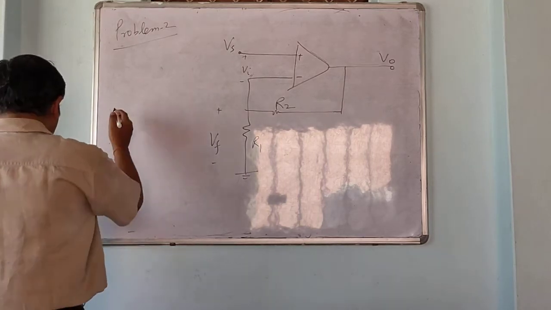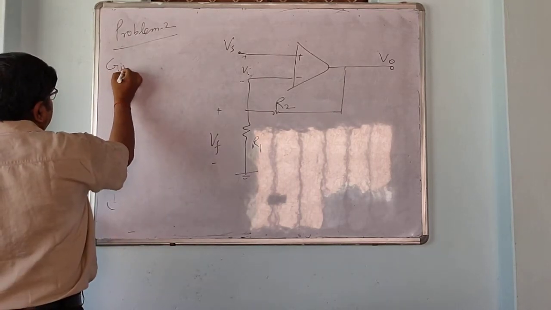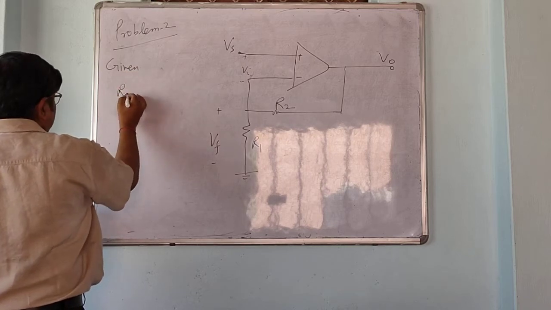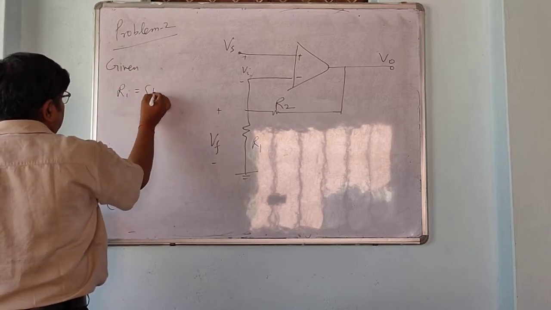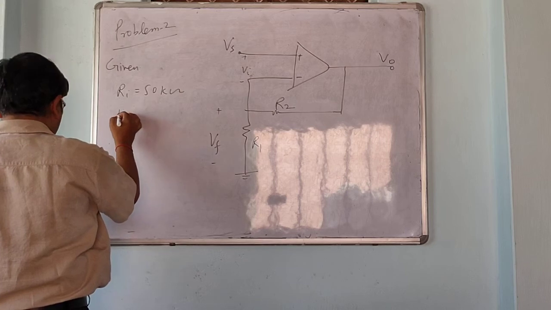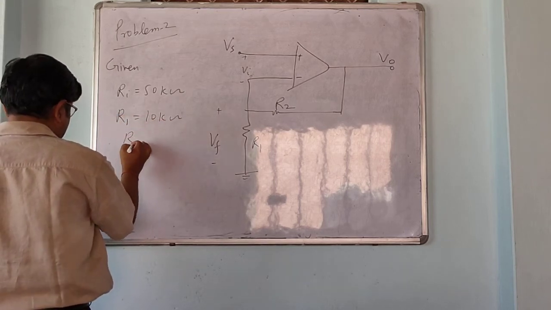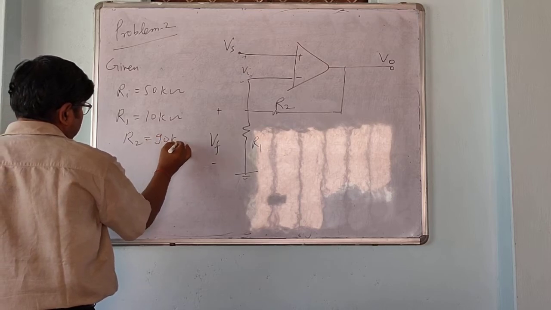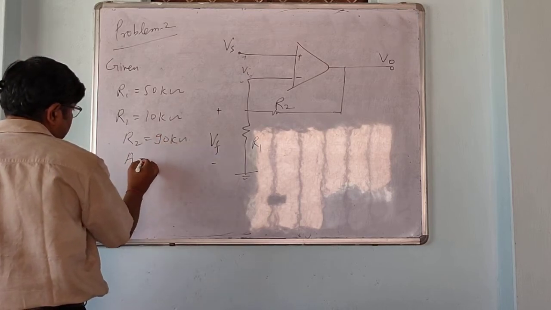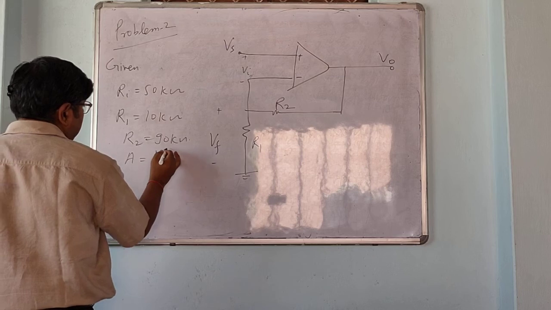For this problem, we are given input resistance 50 kilo, R1 is 10 kilo, R2 is 90 kilo, and gain is given 10 to the power 4.